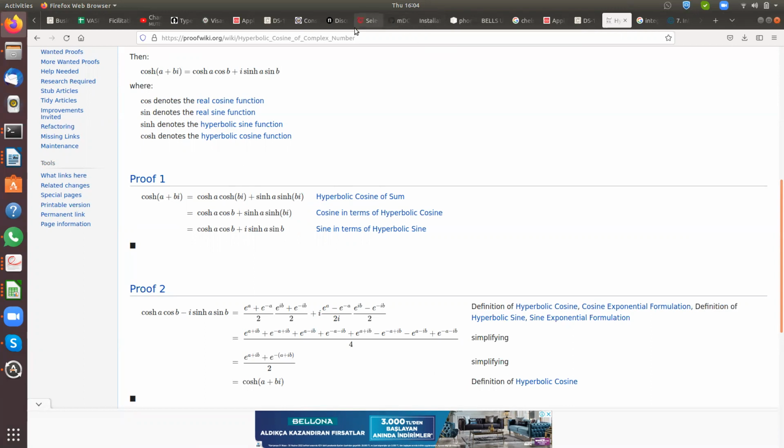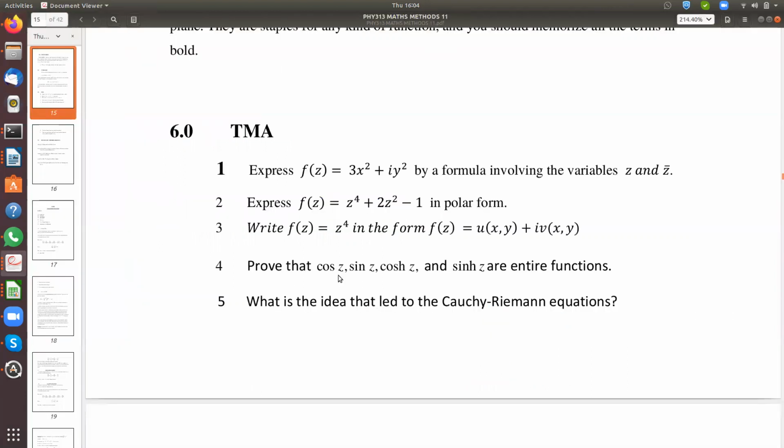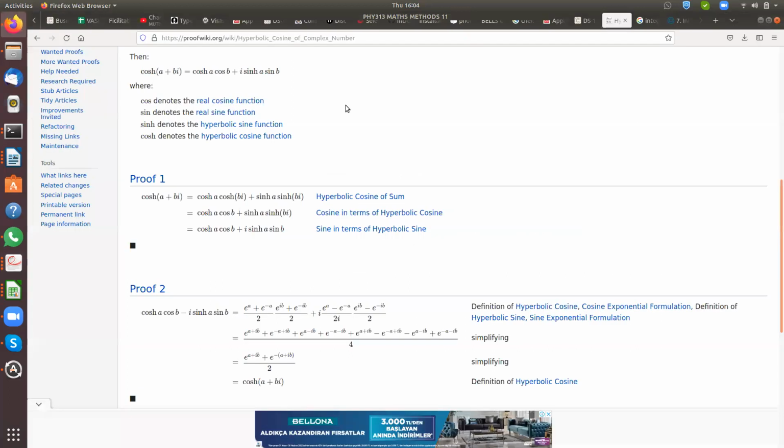Just a moment, I'm coming. Like we have in this problem, this is cos. So you can write cos Z as cos of the bracket A plus iB. Then you use the trigonometric function to express it.